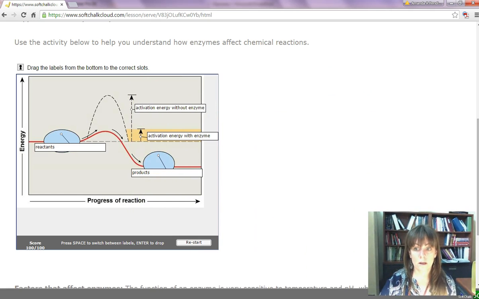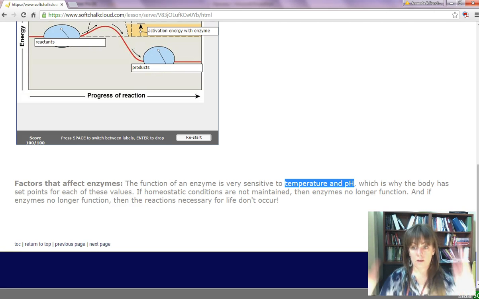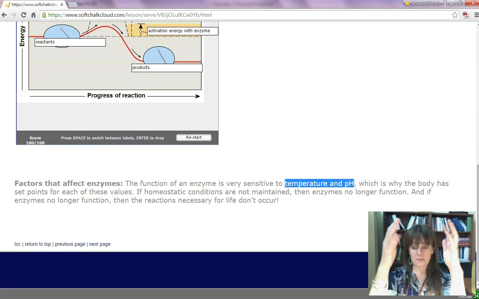Now, a couple of other things is that right here, this paragraph, temperature and pH affect enzymes. Okay? For my enzymes, my hands, to work properly, the temperature's got to be right, the pH has got to be right.